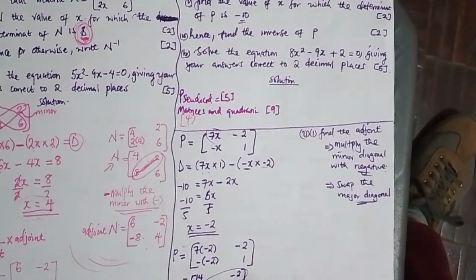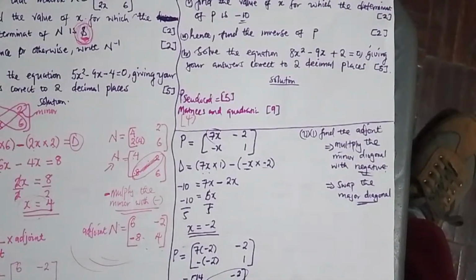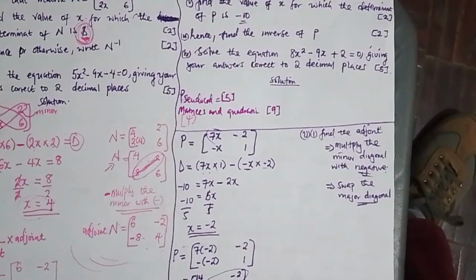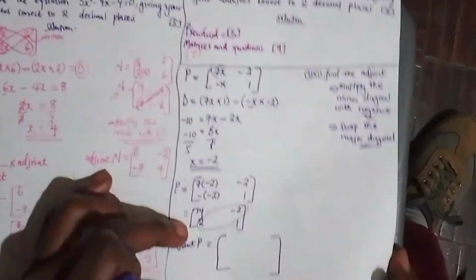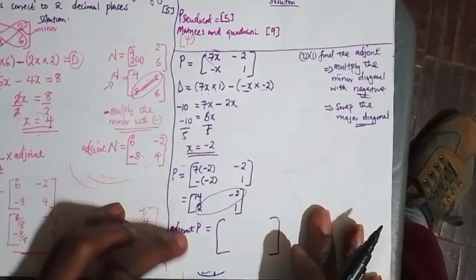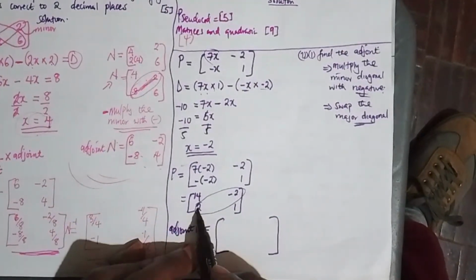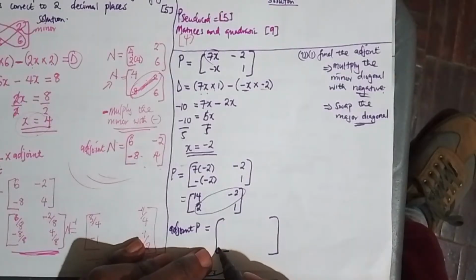So if we multiply it with a negative sign, we are going to have adjoint P is equal to, so this is the positive number. If we multiply it with a negative number, we're going to have negative 2.